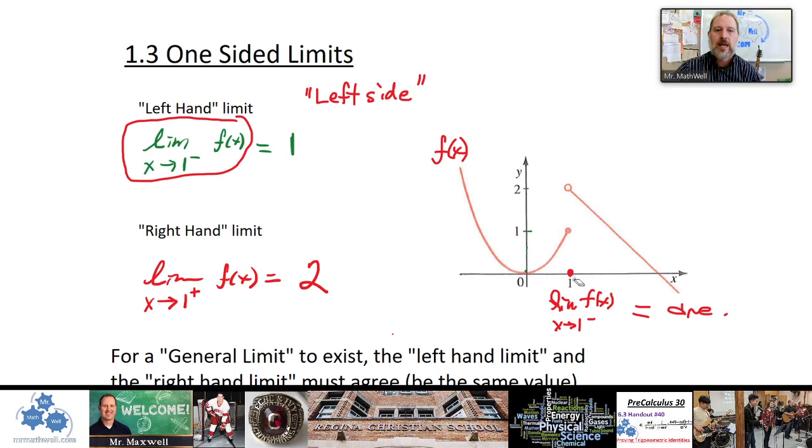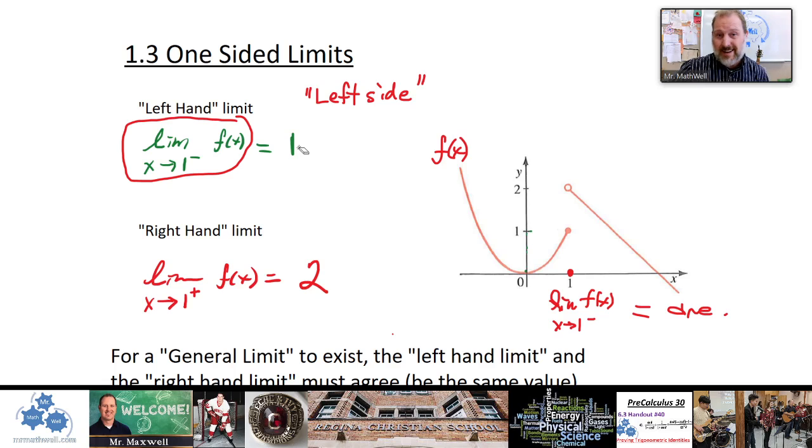Let me say that again. As x approaches 1 from the left side, that is numbers like 0.5, 0.75, 0.8, 0.9, 0.95, 0.99, 0.99999, what happens to the graph? The graph responds by getting closer and closer to 1. It clearly is coming to this point, 1. So that's why the left-hand limit is 1.